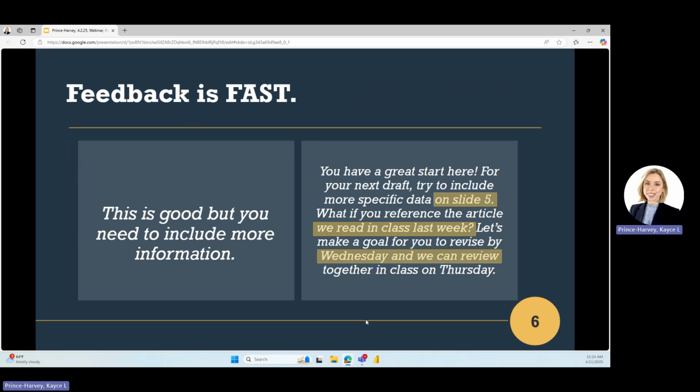And it is timely and actionable, with a specific time by which the student should go back to revise the work and what our plans are for us to look at it together. So if you are receiving the feedback that was on the right, how might you feel or how might you respond compared to the feedback that's on the left?